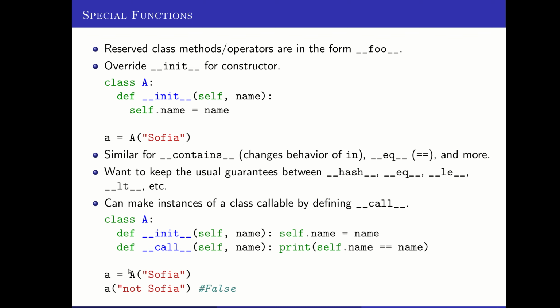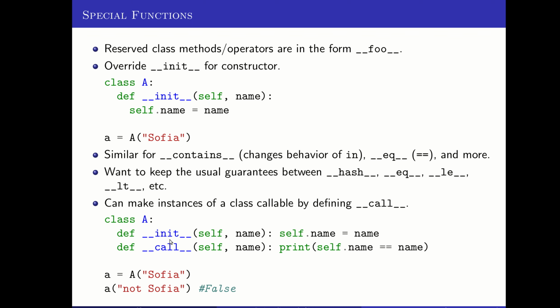So we created an A, its name variable stores Sophia, and then I call little a parentheses not Sophia as a string, and that will print out false because that's what the call function here says to do. So this is useful if you want to be able to create these sorts of things where the object can also be called like a function and can be used that way.